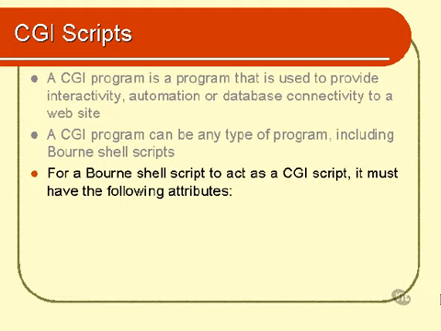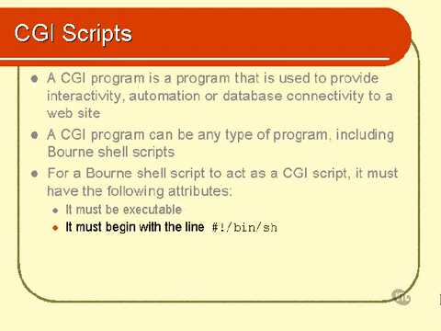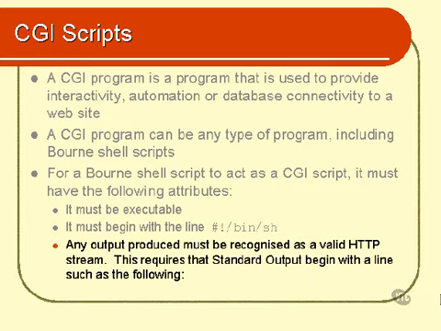To make it do that, it must have the following attributes. It must be executable. Well, that's pretty ordinary and understandable. It must have a valid script interpreter specified in the very first line of the file. Now, we just looked at that, so it absolutely must have that. You can't get away with not putting that in a CGI script. And any output produced by the script, in other words, anything that would ordinarily go to the terminal, to the screen, must be recognized as a valid HTTP stream.